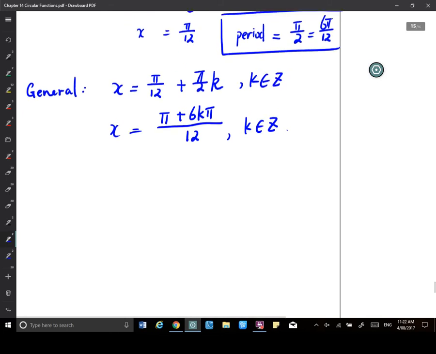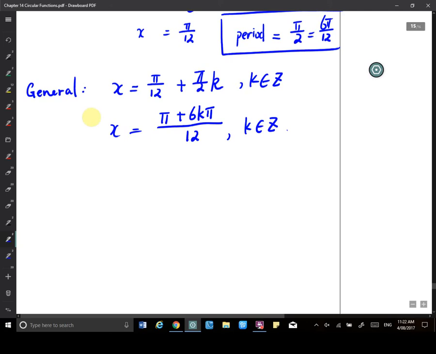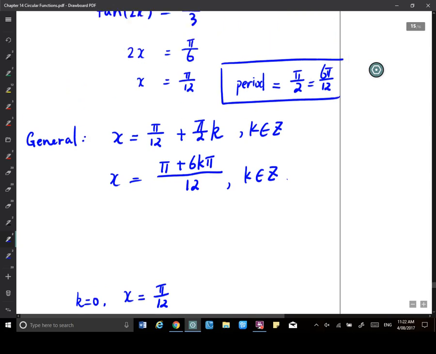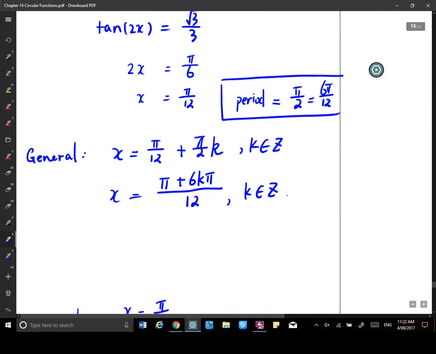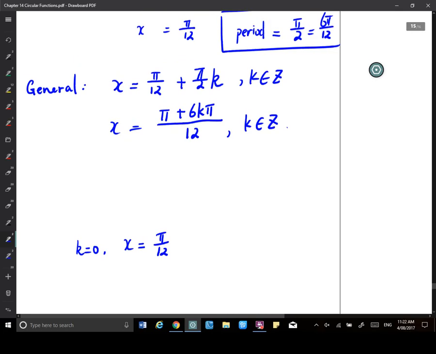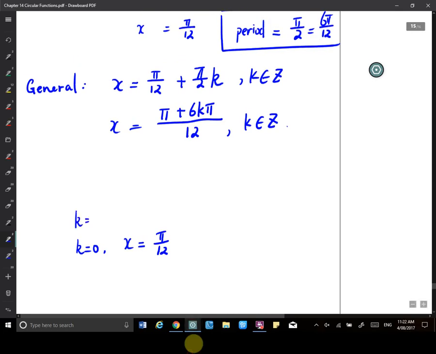The first value is pi on 12. That's when k equals 0. The period is pi on 2, so let's try the negative one.